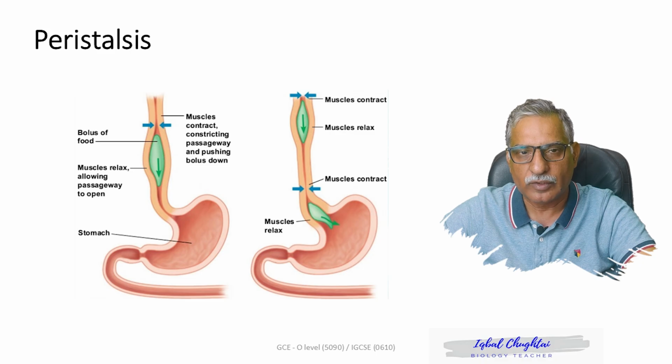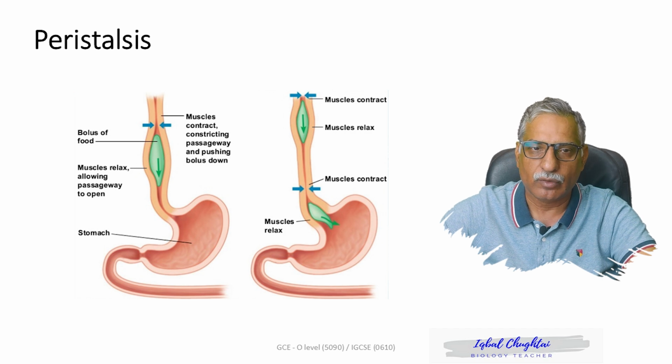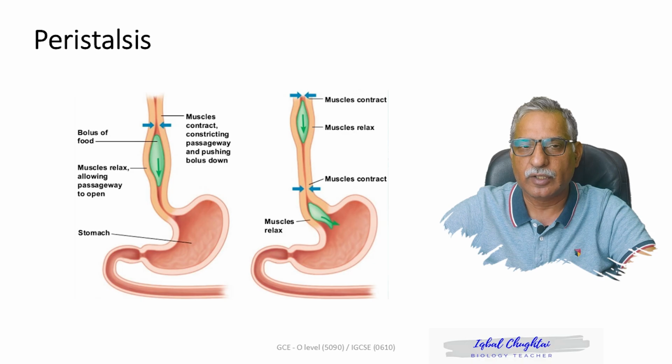The ring opens when the peristaltic wave reaches the cardiac sphincter, allows the bolus to fall into the stomach, and then closes again. It is named cardiac sphincter because this valve area is close to the heart.